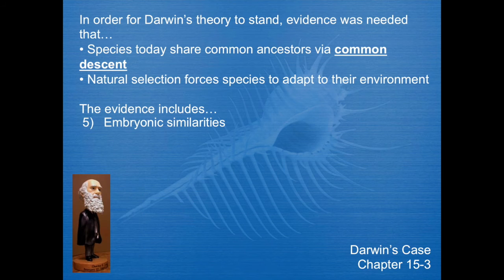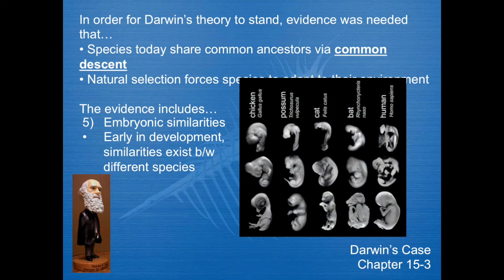Embryonic similarities are commonly used to support Darwin's theory, and what we noticed is that even very different species, like the chicken, possum, cat, bat, and human here, albeit very different at the end, show similar plans and similar development in those early stages. And even in us, there appear what are kind of like vestigial gills that disappear and are not used.